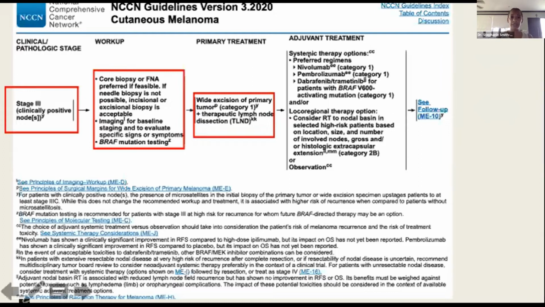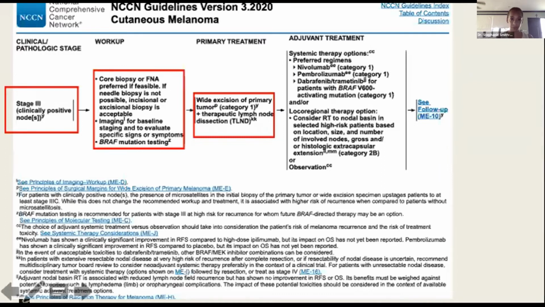Just to point out, as I had mentioned, there is adjuvant therapy available, which does help prolong the survival of the patients. As I mentioned, we have nivolumab and pembrolizumab, which are PD-1 inhibitors, and patients do quite well on these medications.